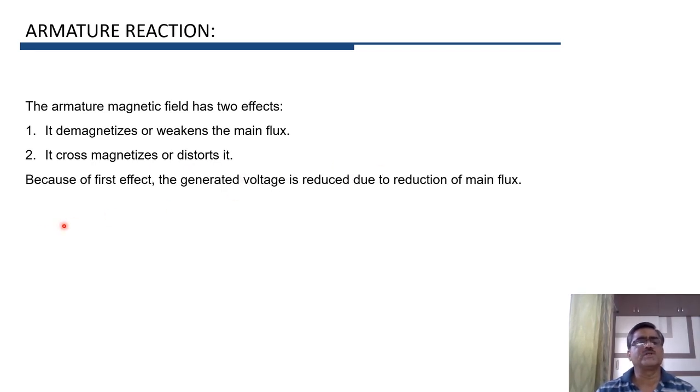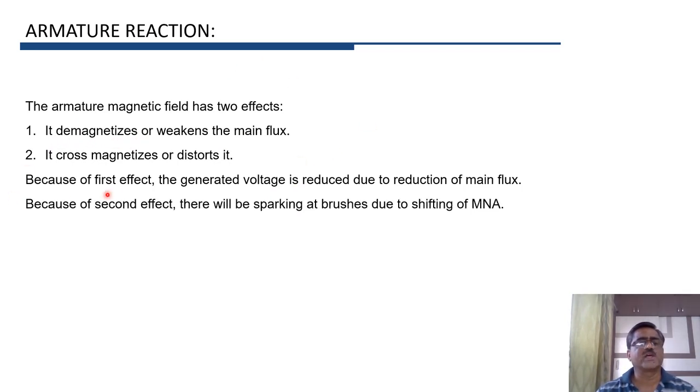Now because of the first effect, that is the demagnetizing effect, what happens? Flux is reduced and therefore the generated voltage is also reduced. And because of the second effect, the magnetic neutral axis gets shifted, and because of shifting of the MNA, commutation will not be proper, and therefore there will be sparking at the brushes.